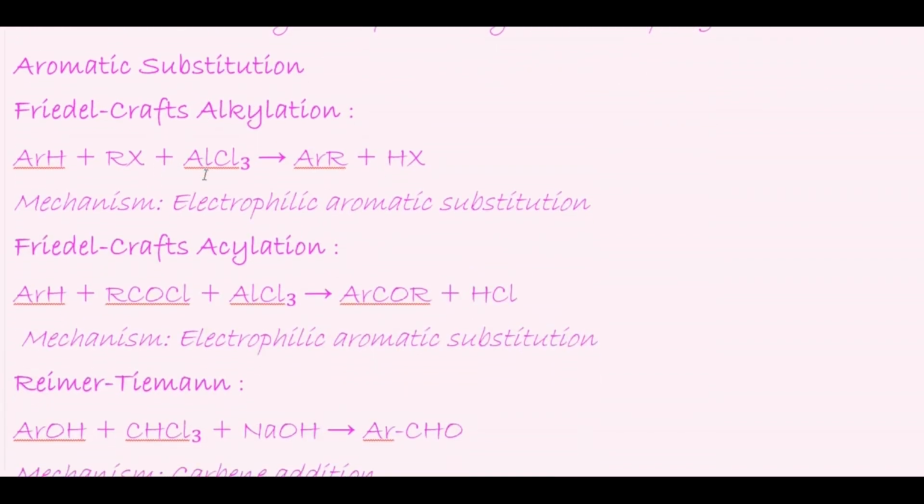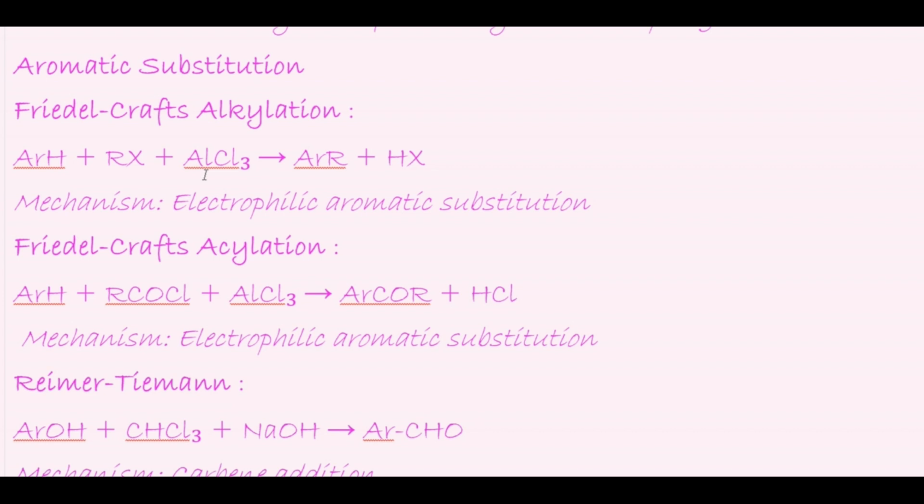Then aromatic substitution. We already talked about aromatic substitution, how it happens. Nitration, sulfonation, halogenation, Friedel-Crafts alkylation, Friedel-Crafts acylation. So everything happens through aromatic substitution. You have to check with the substituent what is present over there.